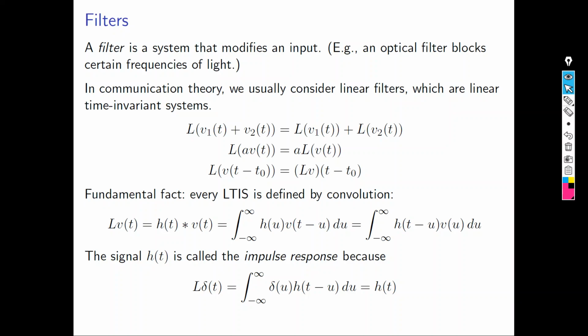What does linear mean in this case? Linear time invariant means if you have two signals, v1(t) and v2(t), and you make an operation over them, which is L, and let's define this operation as the Fourier transform, then the Fourier transform of the sum of these two signals is equal to the sum of the individual Fourier transforms of these signals.